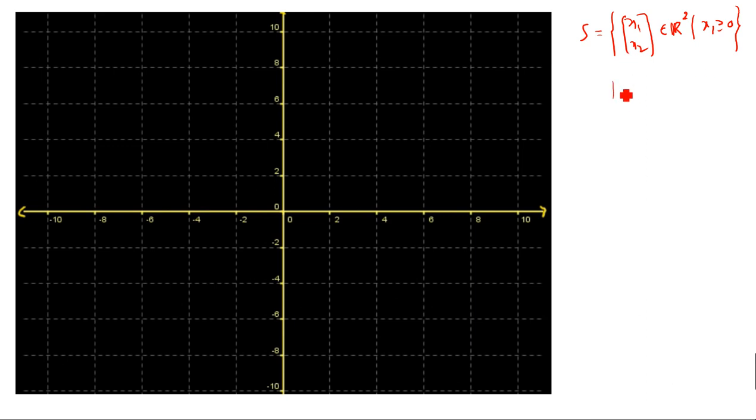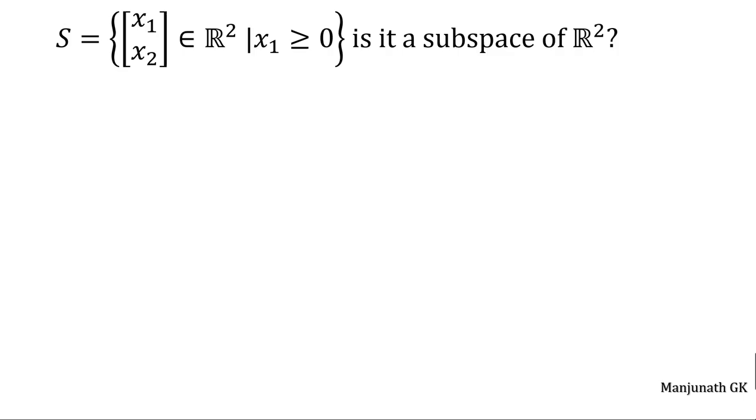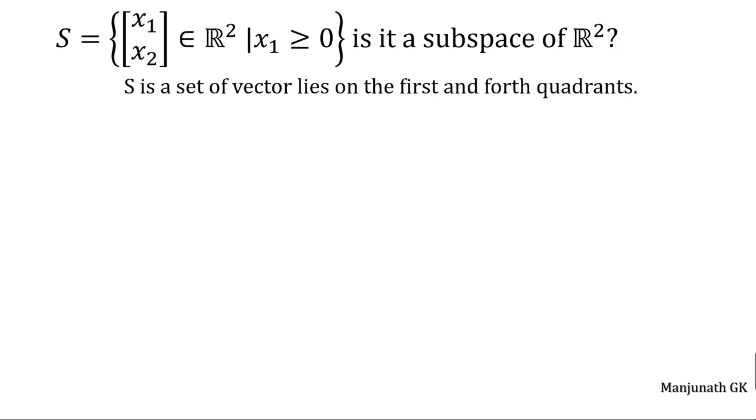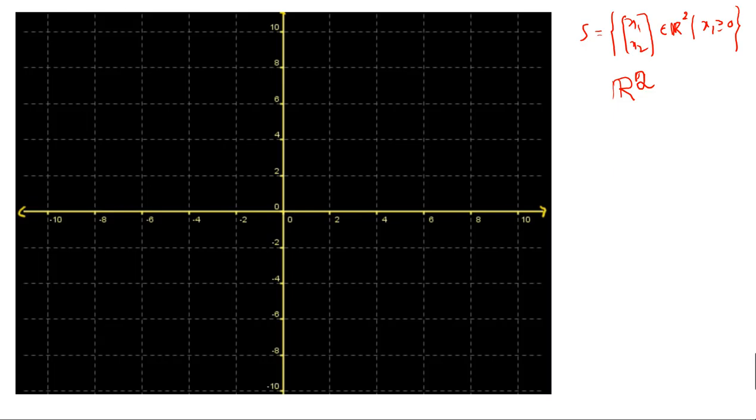Is it a subspace of a space of two dimensions? All right. Now, what about the first condition? S is a set of vectors that lies in the first and fourth quadrants. How does it come? S is a set of vectors that lies in the first and fourth quadrant.